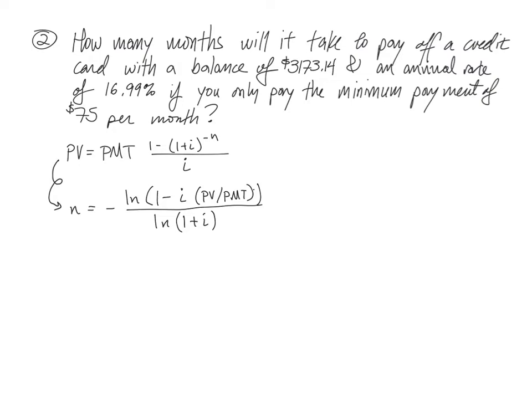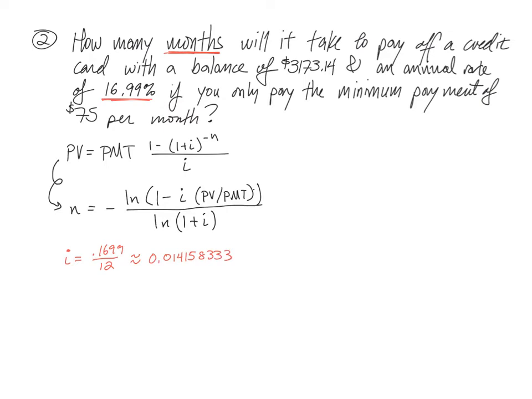All right, so in this scenario, you'll notice that we weren't given an I, we weren't given an N. Instead, we were given an annual interest rate, and we knew that it was going to be monthly. So 16.99% over 12 just means that I will be 0.1699 over 12, which will be approximately 0.014158333.